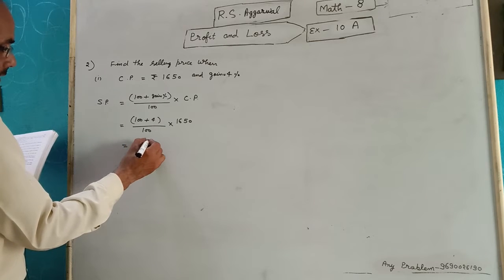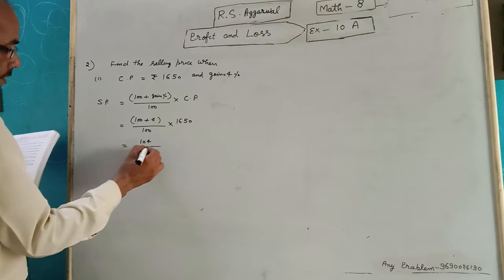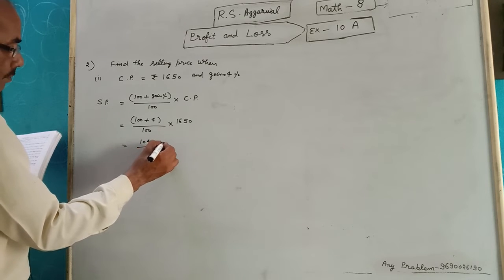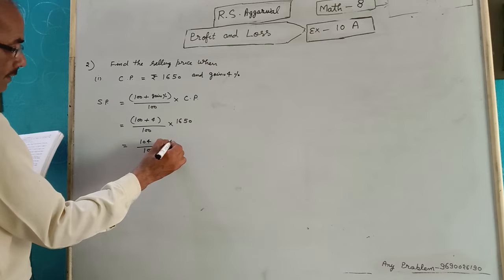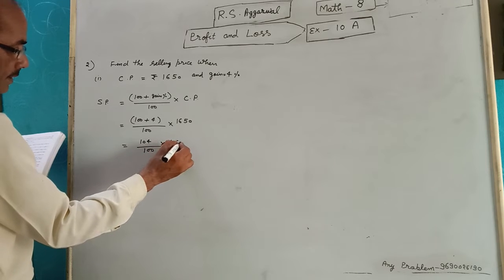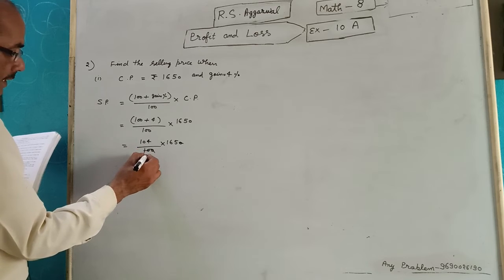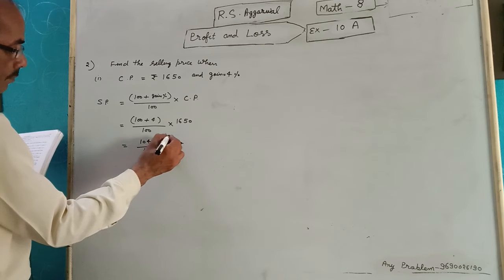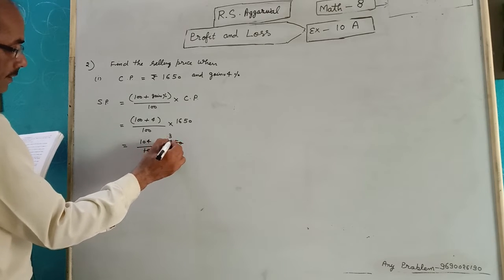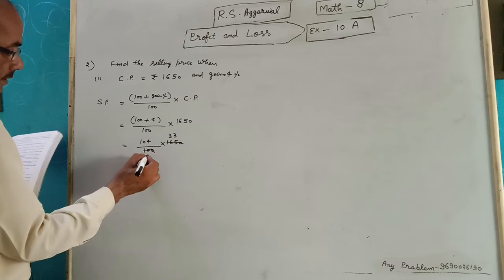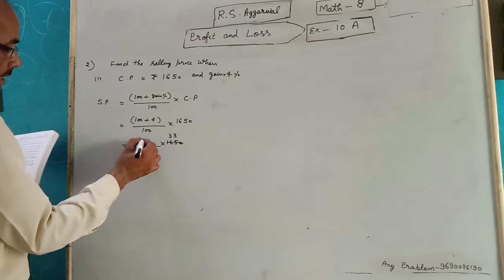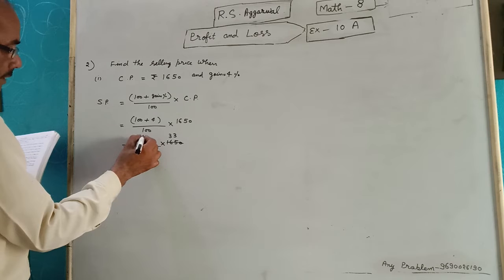Plus is 104 upon 100 into 1650. 0 cut by 0, 5 2 ja 10, 5 3 ja. 2 divided by 104 is 52.